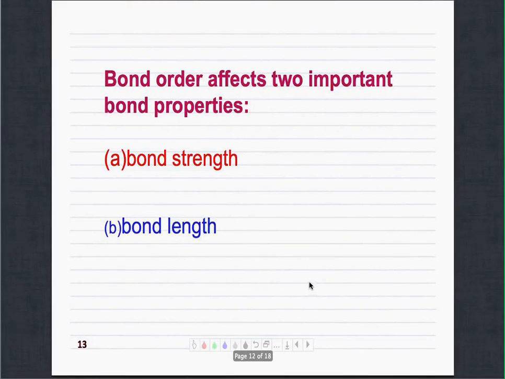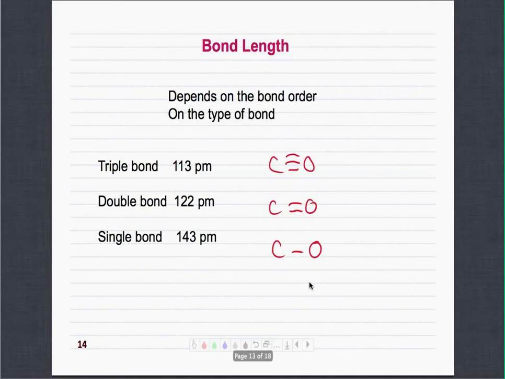So let's start with the bond length. In this case, the bond order between carbon and oxygen is 3. In this case, the bond order is 2. And here, the bond order is 1. And these are the lengths of those bonds in each of these cases.